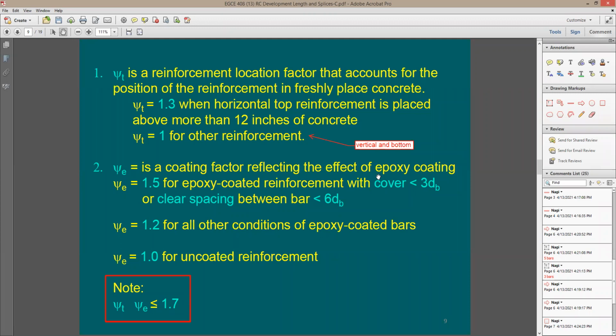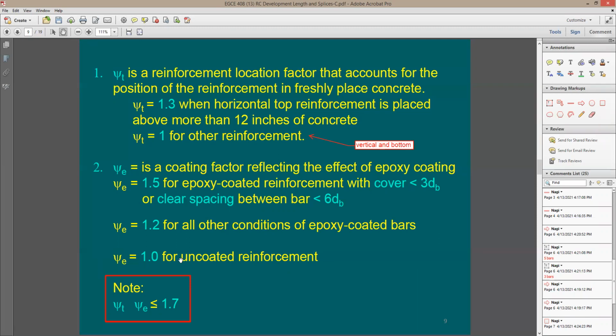So you know that you don't have enough concrete to surround the rebar. In a case like this, and you have epoxy at the same time, your psi sub e is going to be 1.5. If the rebars are spaced in a good way, like you have enough spacing, more than 6 db, and you have enough concrete cover, your psi sub e is going to be 1.2. If there is no epoxy coating, it's going to be 1.